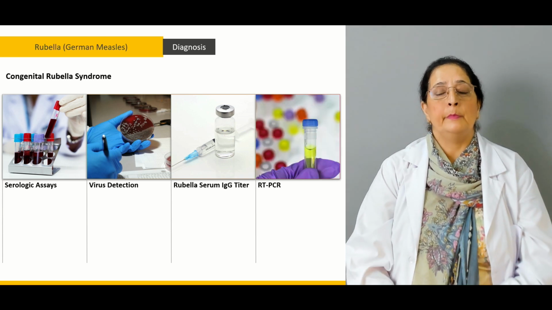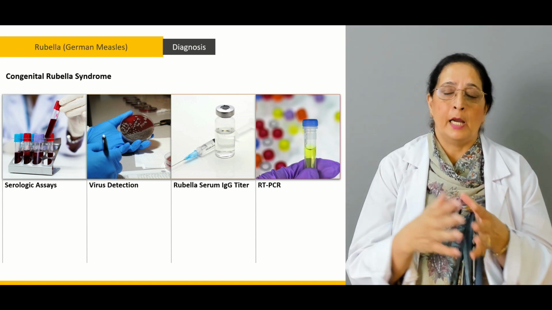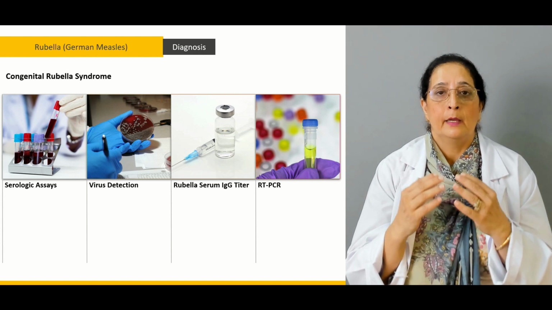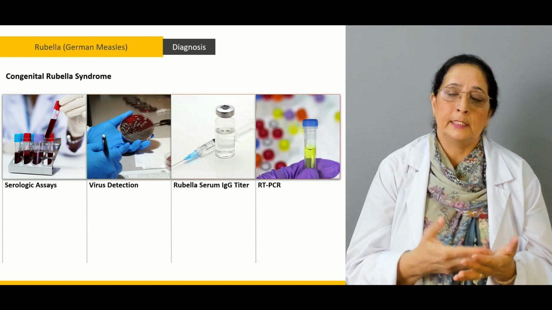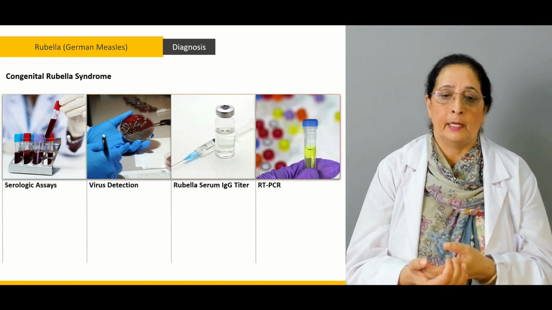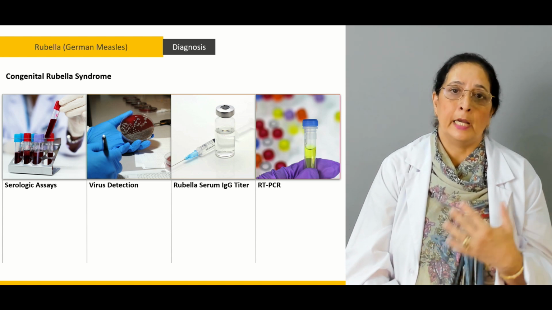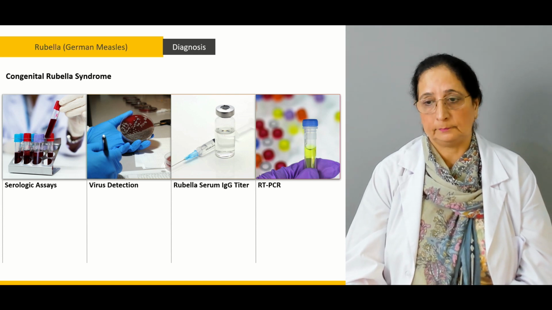And then polymerase chain reaction. So in both acquired and congenital rubella, the tests are pretty much the same. We have IgG titers, serological testing, virus detection or virus isolation, and the polymerase chain reaction test.